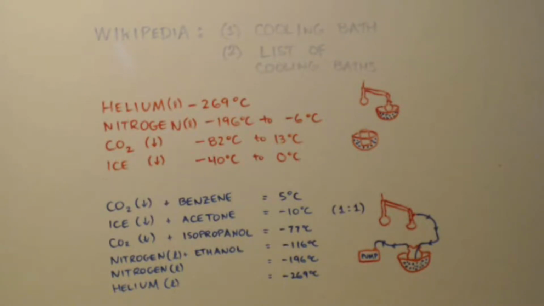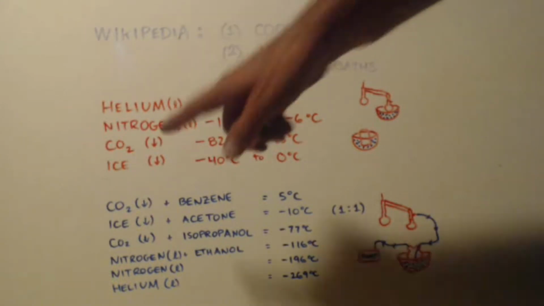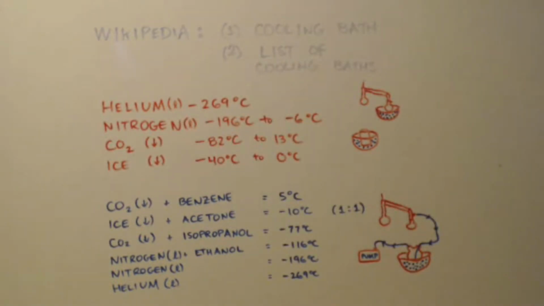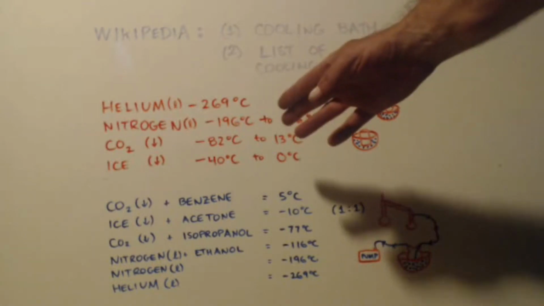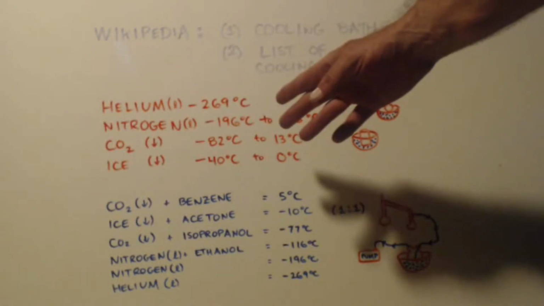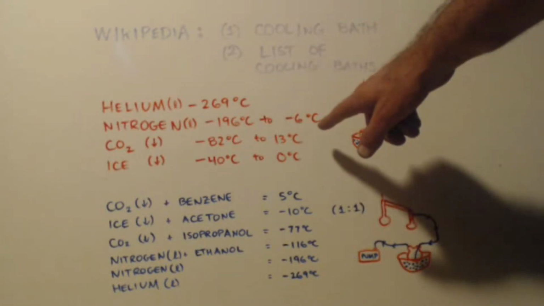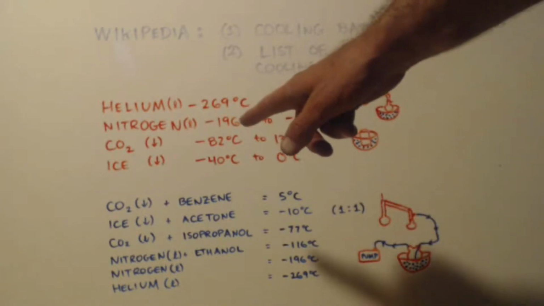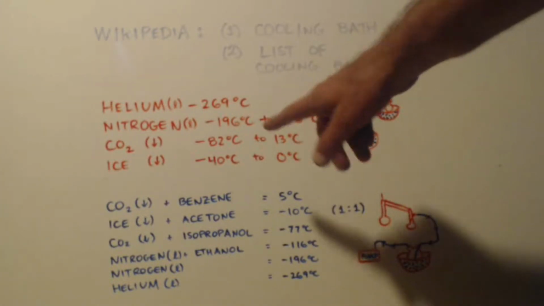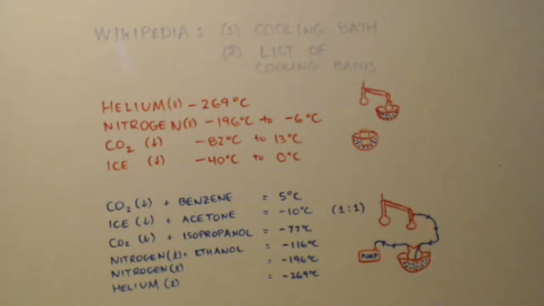And if you mix it with other stuff, you can get other temperatures that are higher than that. Carbon dioxide, right here, that's dry ice. You can get anywhere from minus 82 degrees Celsius to 13 Celsius. Ice, anywhere from minus 40 to 0 Celsius.